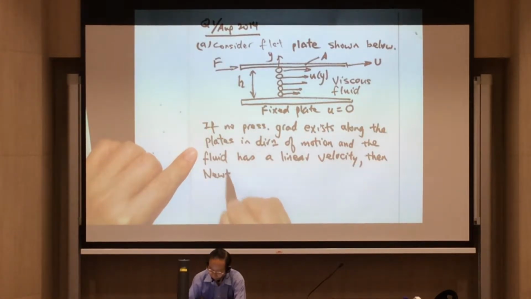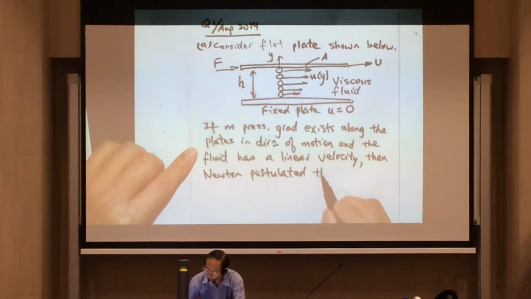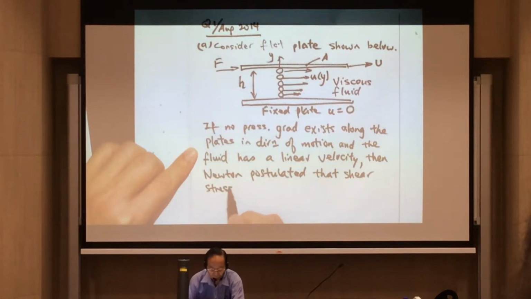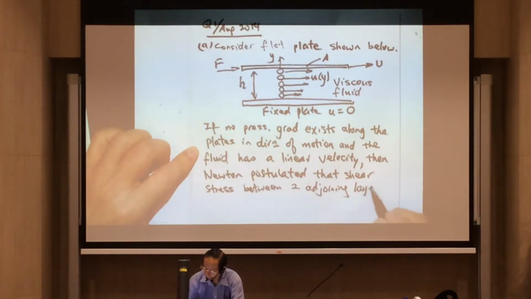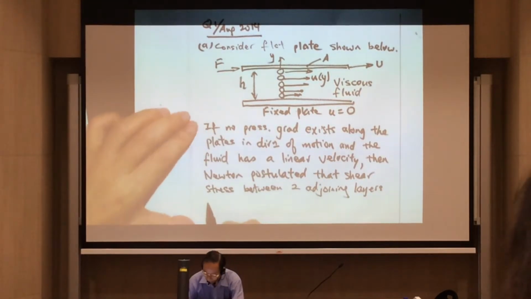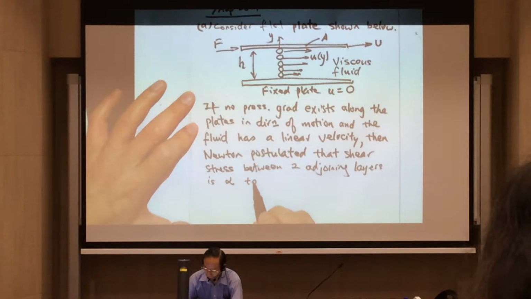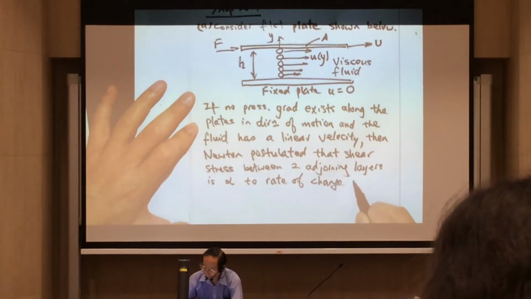So Newton postulated, that means predicted or theoretical, or what is stated, that the shear force or shear stress between two adjoining layers is proportional, not alpha, proportional to the rate of change of velocity.